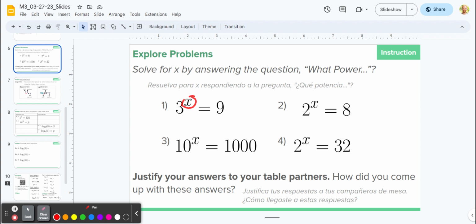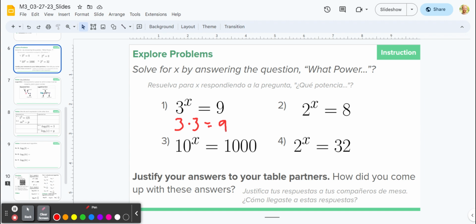Okay. So for problem 1, we have 3 to the x power equals 9. And we are solving for x by answering the question, what power does 3 need to be raised to in order to get 9? If I do 3 times 3, that would give us 9.